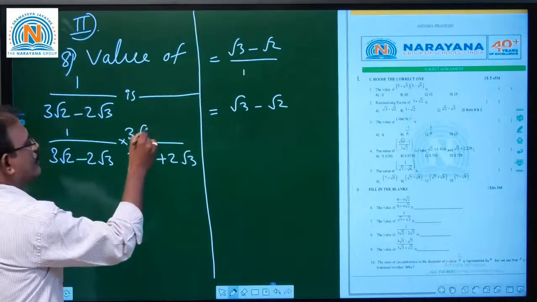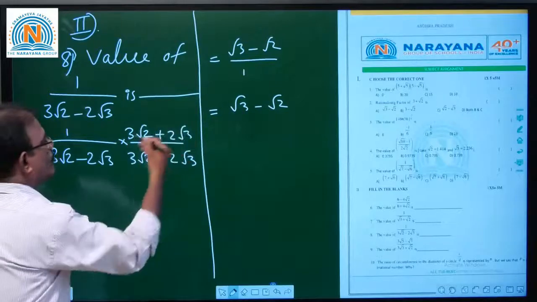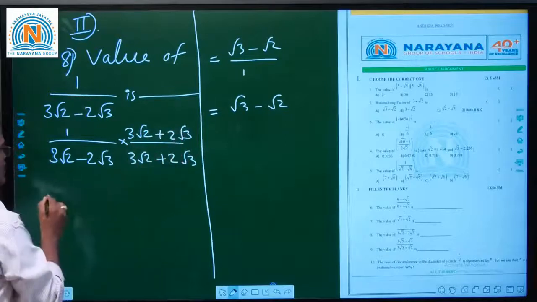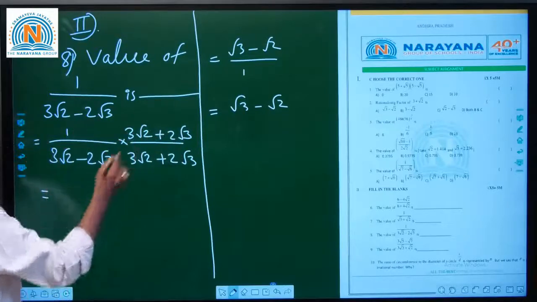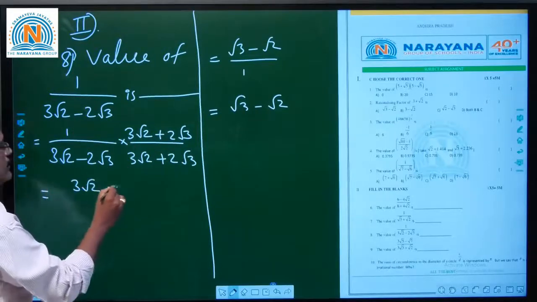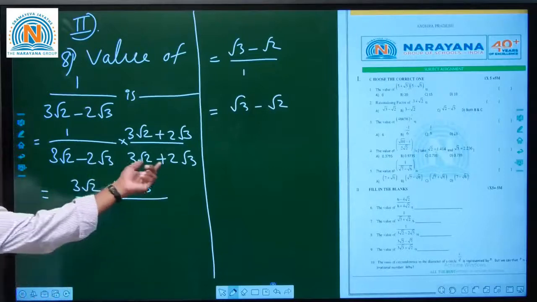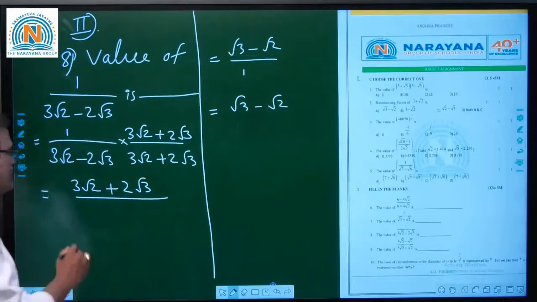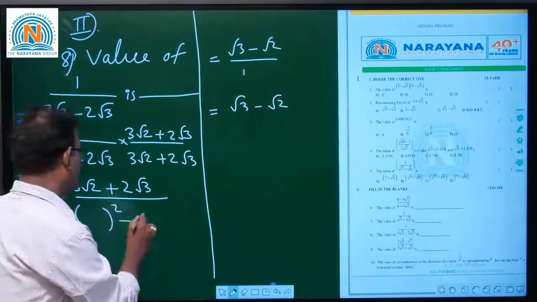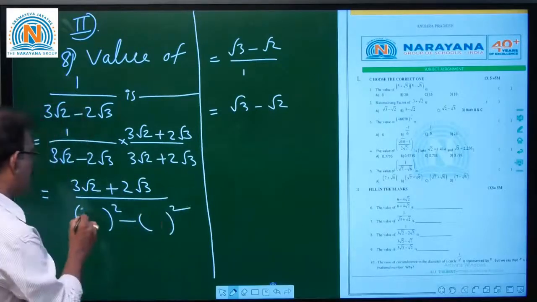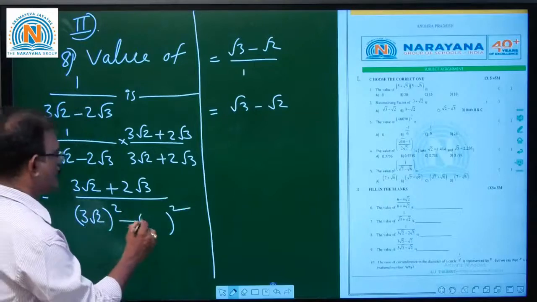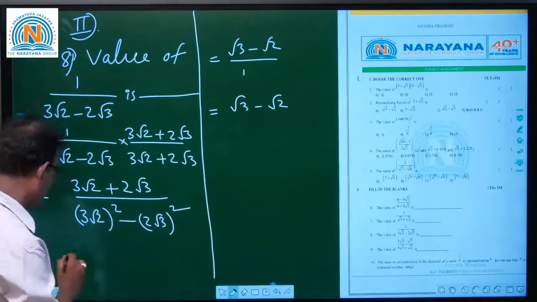Let us take the same for the numerator. So 1 times the number is the number itself. In the denominator it is in the form of a square minus b square, children. So this is 3 root 2, this is 2 root 3.